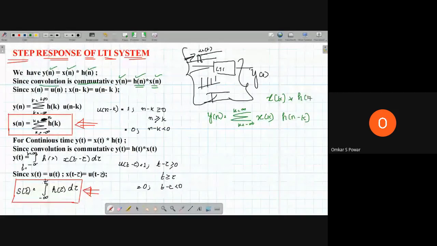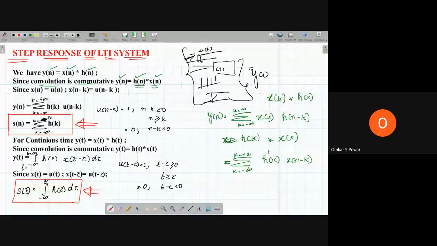Now what we have got is h of k convolution with x of k. So what will be the difference here? Summation k varies from minus infinity to plus infinity h of k into x of n minus k. But we want the input to be the step because we are finding the response with respect to the step input.